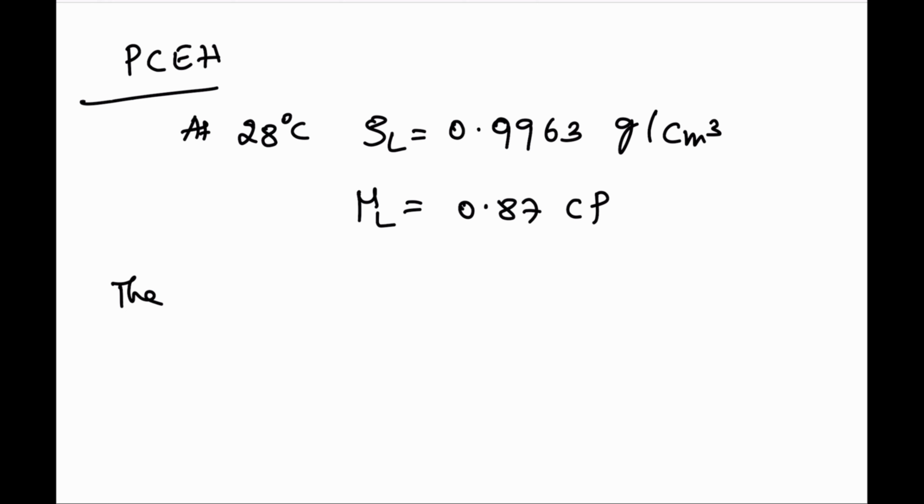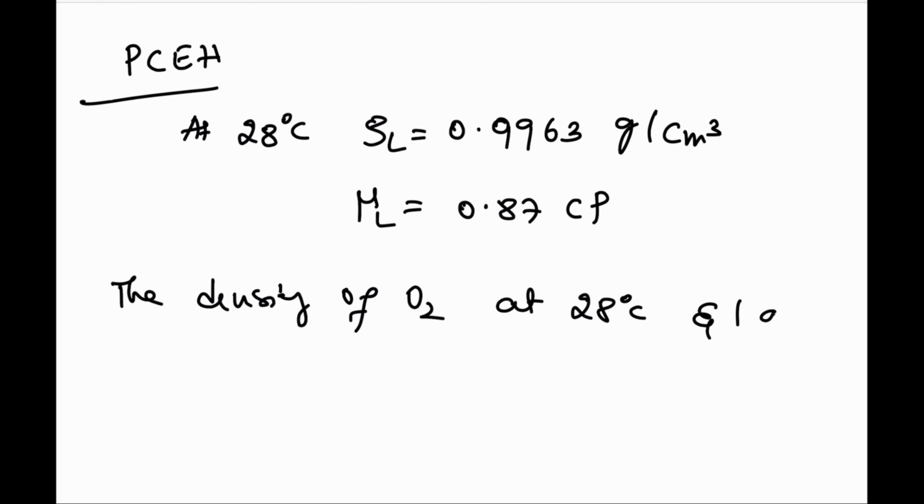So let us use the density of O2 at 28 degrees centigrade and 1 atmosphere pressure, which can be calculated by the ideal gas law, PV = nRT.